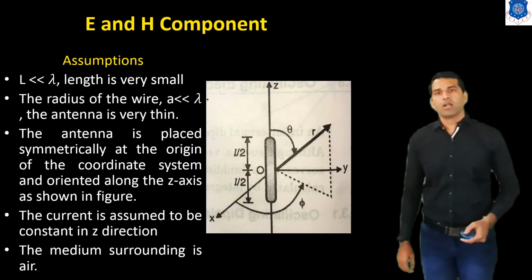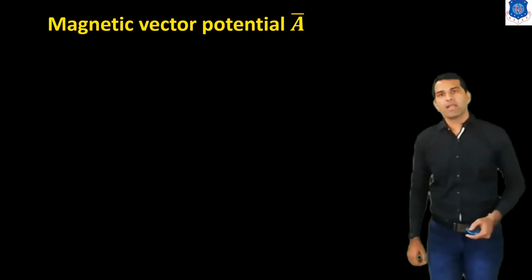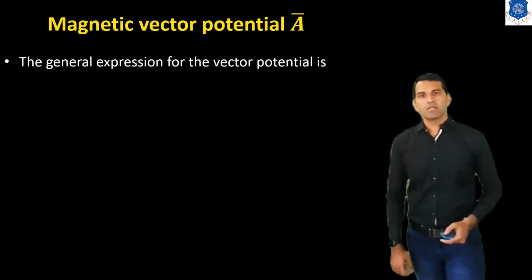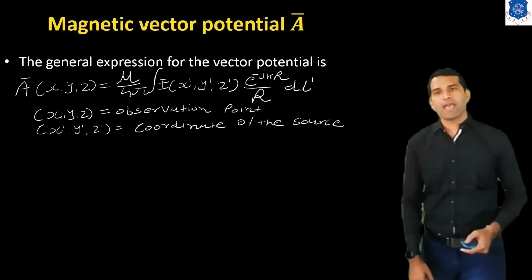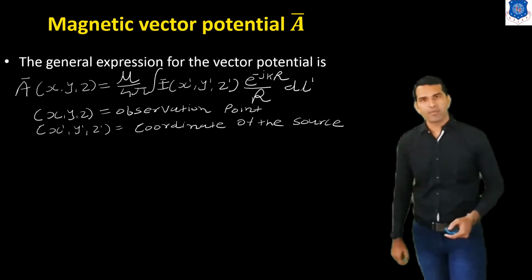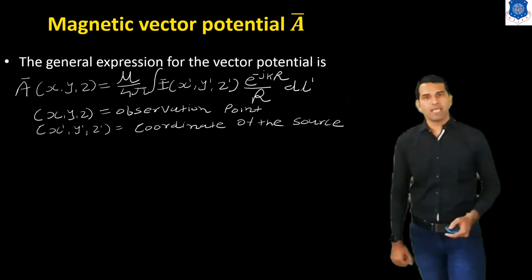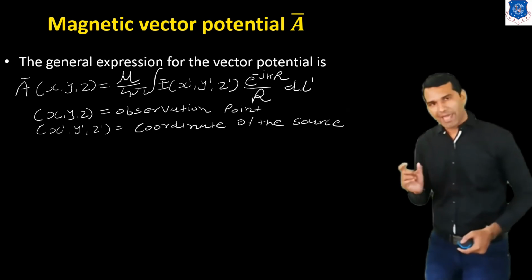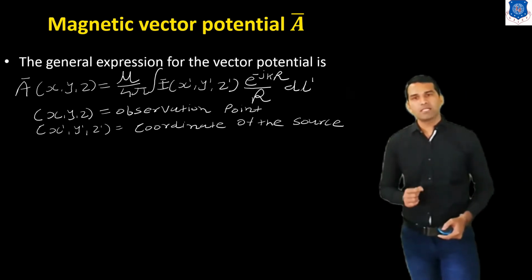Now to analyze this dipole antenna, first we find the magnetic vector potential A. The general expression for the vector potential is A bar (x, y, z) equals mu upon 4 pi times the integral of I(x', y', z') e raised to minus jkR upon R dl'. Here x, y, z is the observation point and x', y', z' is the coordinate of the source.